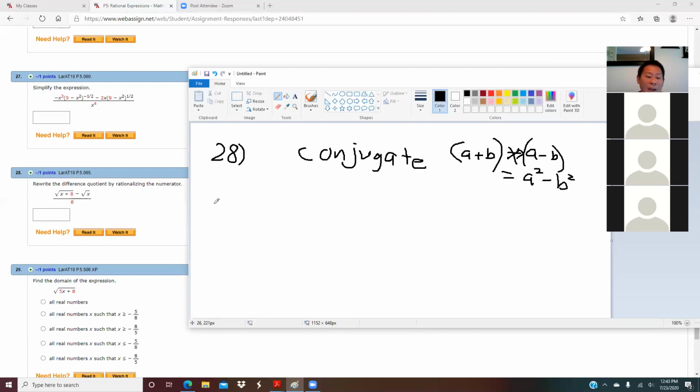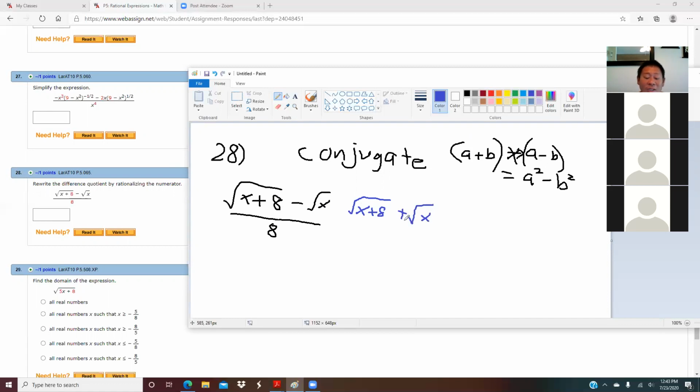So this is the same thing with question 28. What you need to do here is find the conjugate of the numerator. As I told you, the conjugate is exactly the same, you just need to change the sign. So the conjugate here will be square root of x plus 8 plus square root of x.